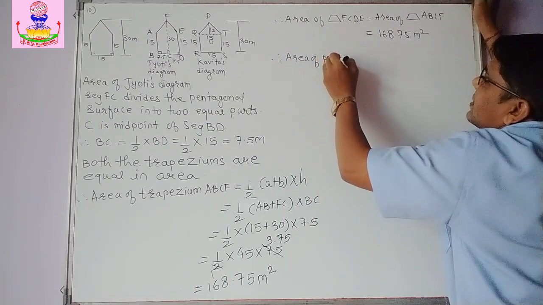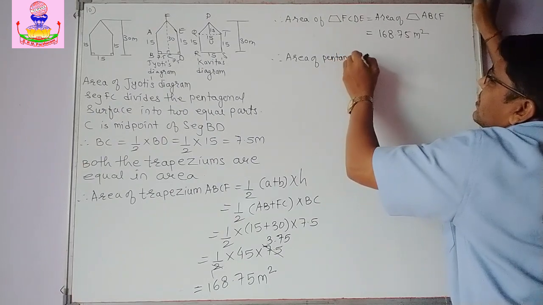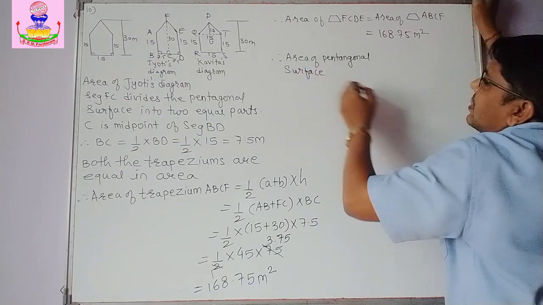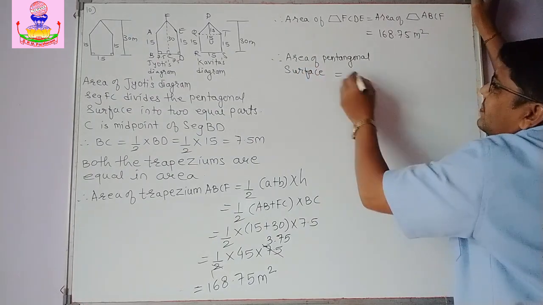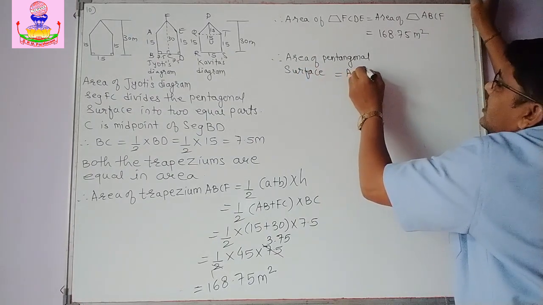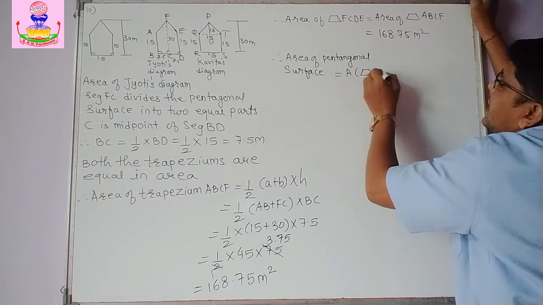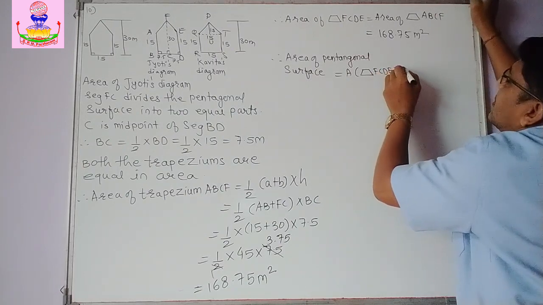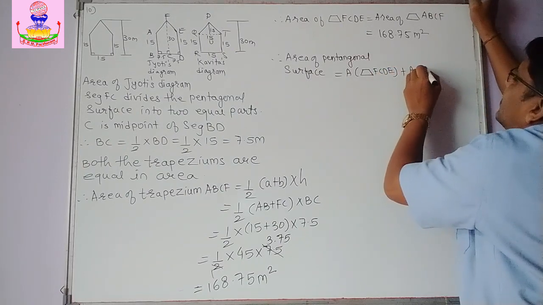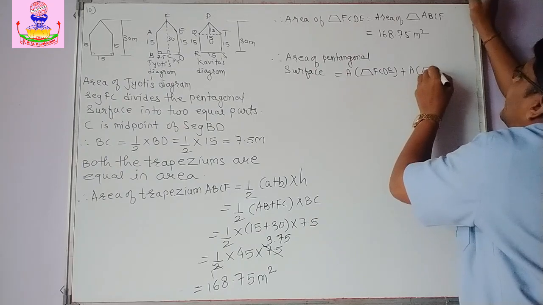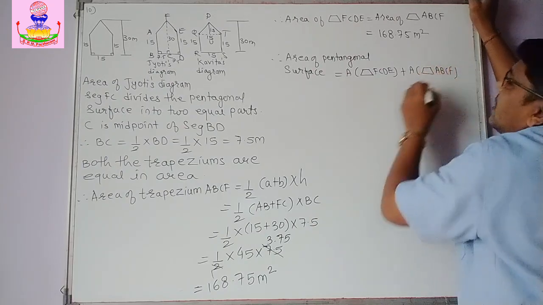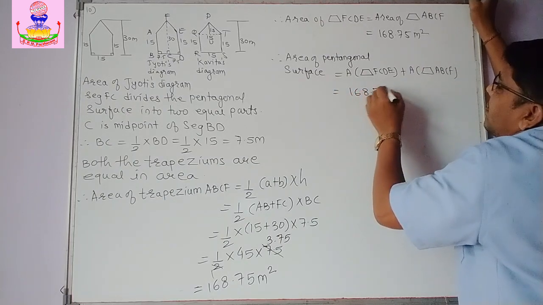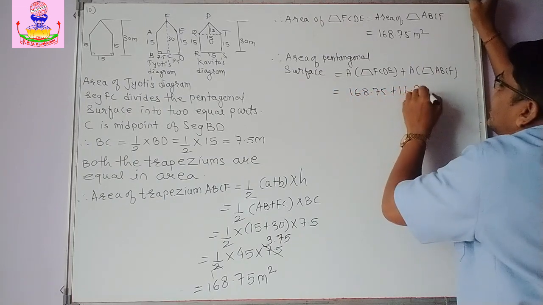So therefore, area of the pentagonal surface is equivalent to area of trapezium FCDE plus area of trapezium ABCF.